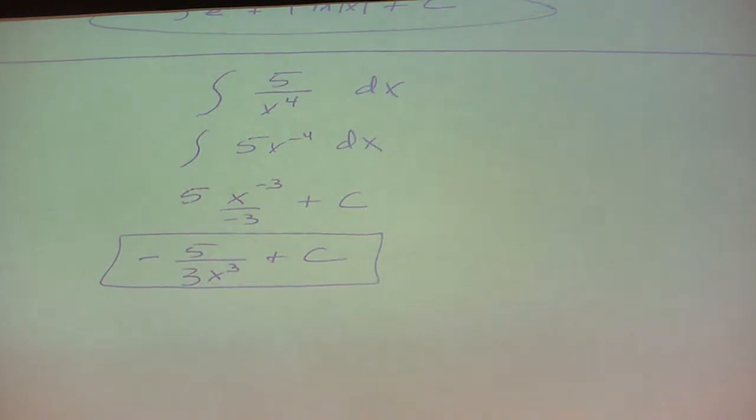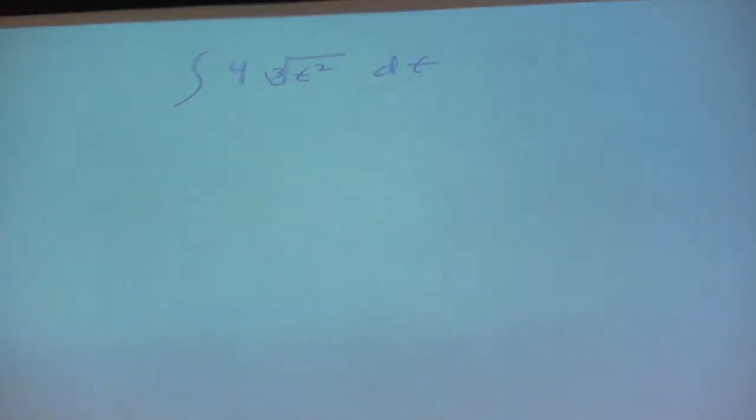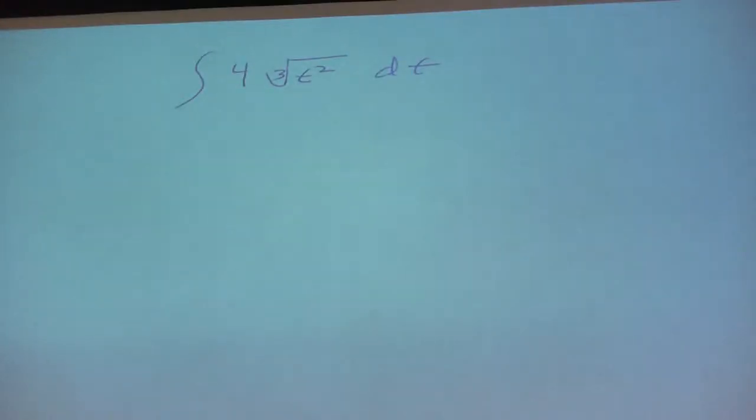All right? Now again, each one's going to get a little harder, but there's nothing more to teach. Rewrite it if needed. Add 1, divide by it. If it's one of those 2 special cases, then use that. Okay? Next one. Integral 4 cube root of t squared dt. And I'll give you a little hint. Should it be rewritten?